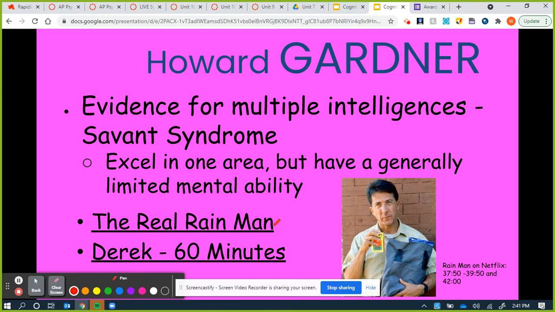Evidence for multiple intelligences is prodigies, but then more importantly, what is called savant syndrome, which is where people who generally have very low cognitive ability but excel in one area. So if anybody's ever seen Rain Man, he's autistic, but he's very good at counting.